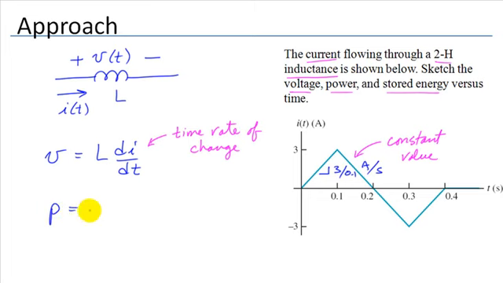Now to determine the power, once we have the voltage and current established, we simply take the product of those two. Current is given, voltage is something that we find. The stored energy is 1/2 the inductance times the square of the current.